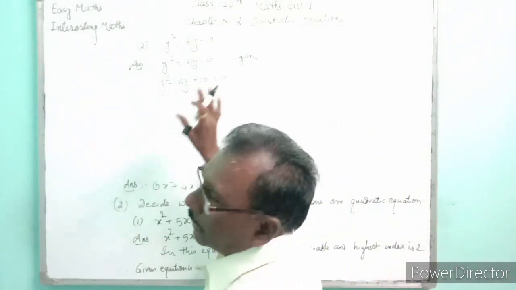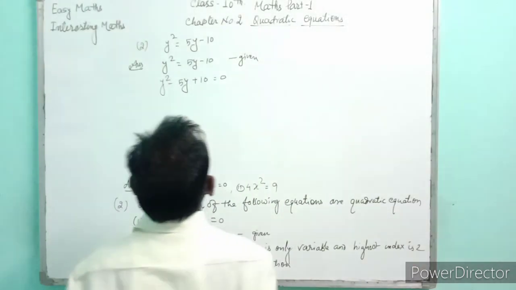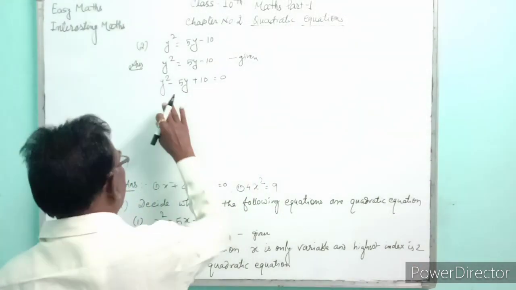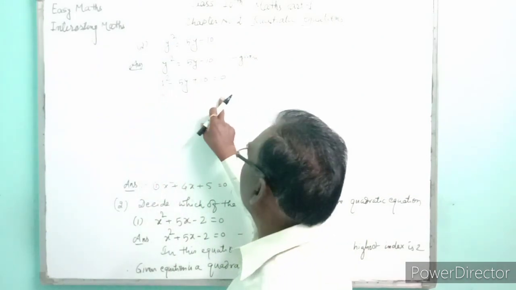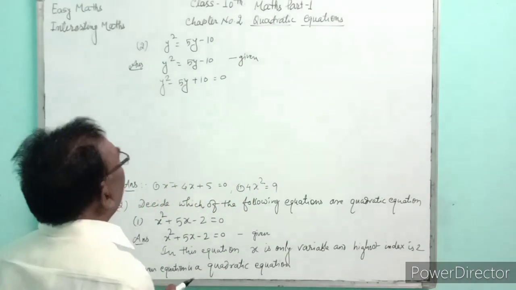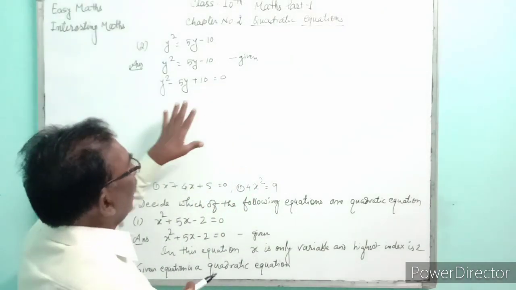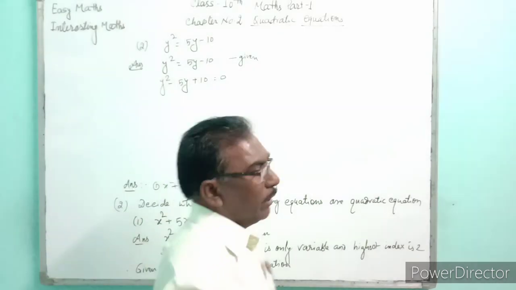This equation is in standard form, and in this equation y is the only variable and the highest degree or highest index is 2. Therefore this is a quadratic equation.